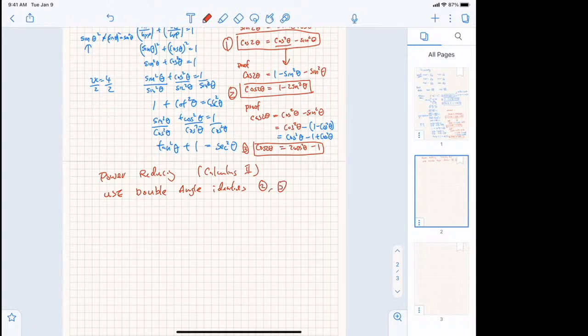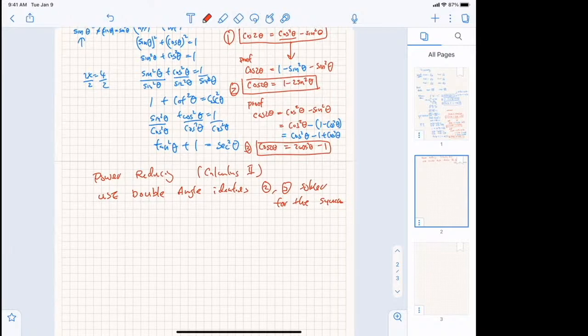And solve for the squares. Right? What do you mean by solving for squares? So I'm going to take cosine 2 theta is equal to 1 minus 2 sine squared theta. I'm moving the sine squared to the other side, so it'll be 2 sine squared theta, and I move the cosine 2 theta to this side, so it'll be 1 minus cosine of 2 theta.